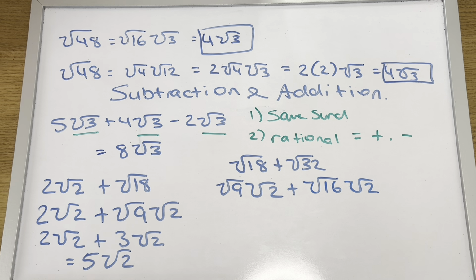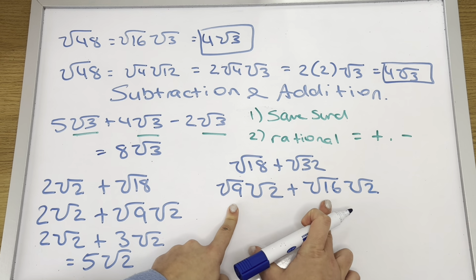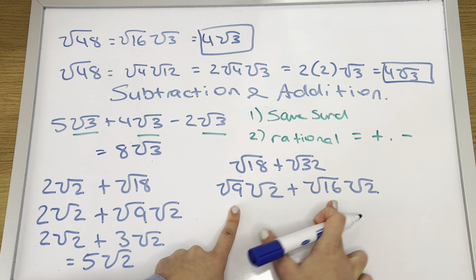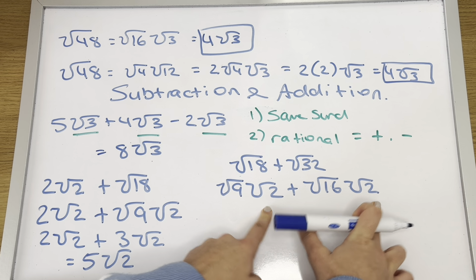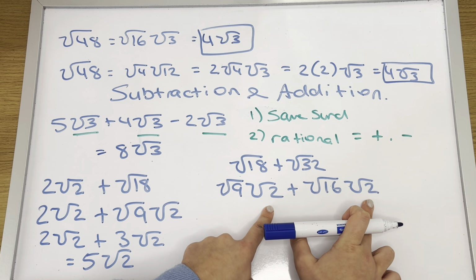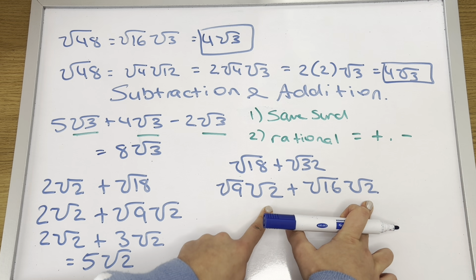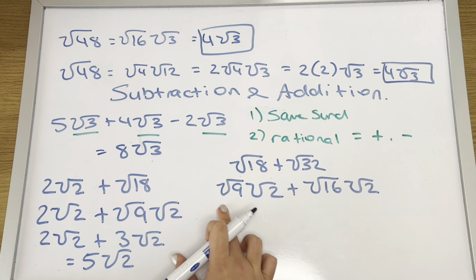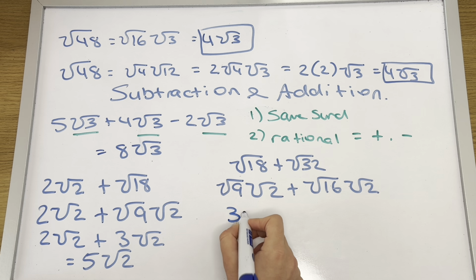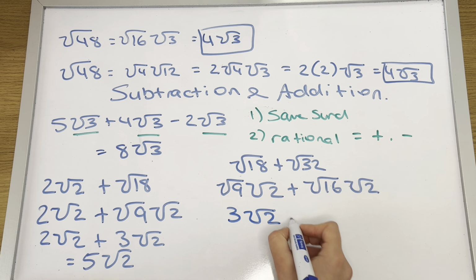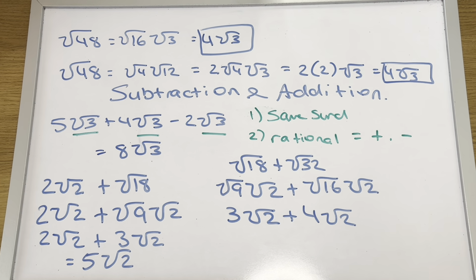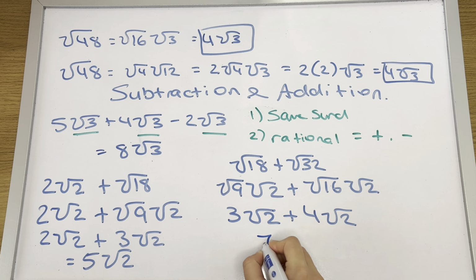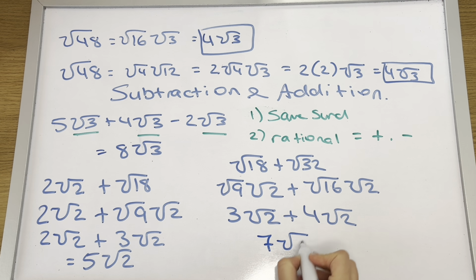Now we look at the two numbers 9 and 16. They're perfect numbers, so they can be simplified even further. The irrational parts cannot, because they're never-ending and non-repeating and cannot be put in the form of a all over b, so we leave them as they are. We take the 9, that can be cut down to 3, and we leave the square root of 2. Now we look at 16, same thing, it's 4, and then the square root of 2. So we take the rational parts of 3 and 4 and we add them together. That gives us 7. And then the irrational parts we keep as they are, and that's the square root of 2.